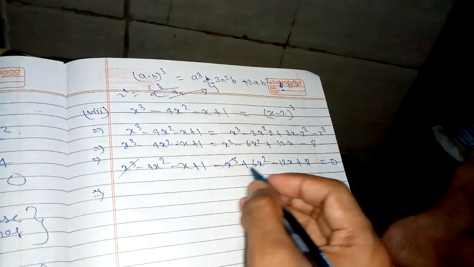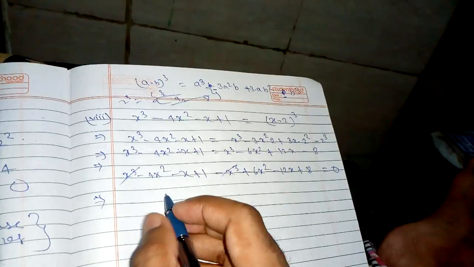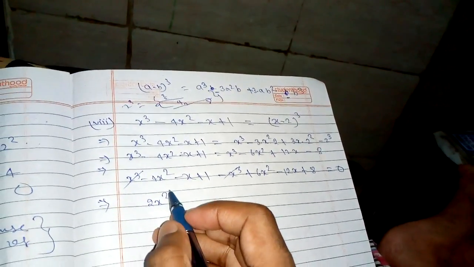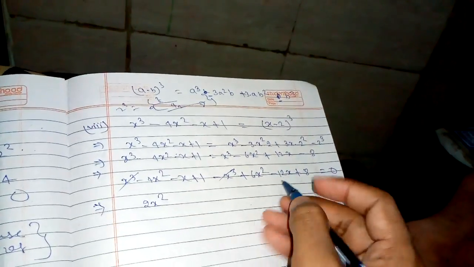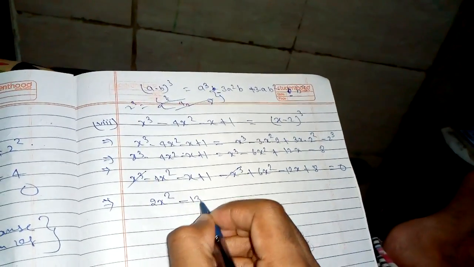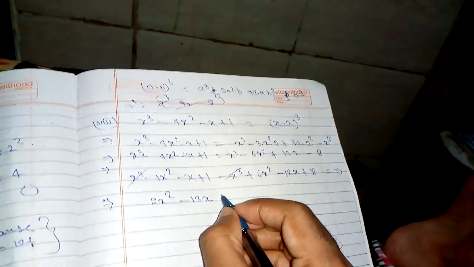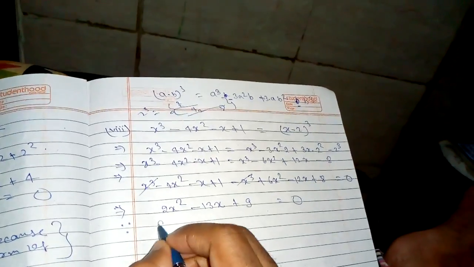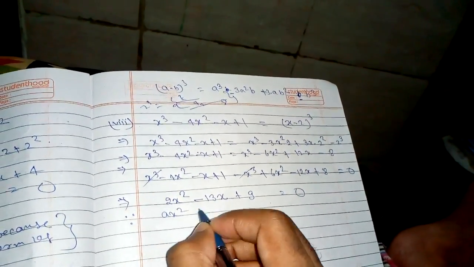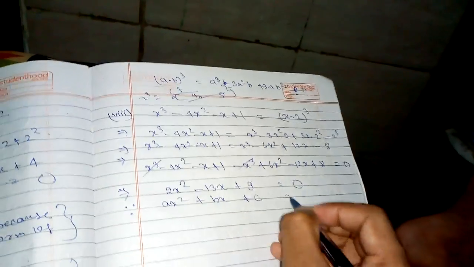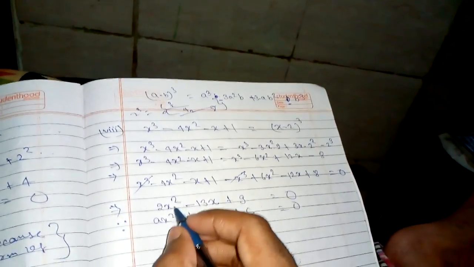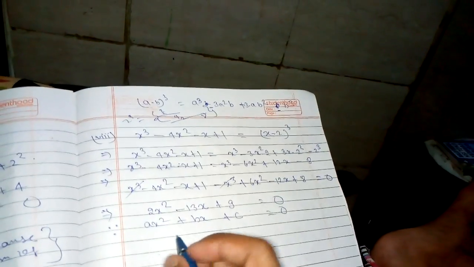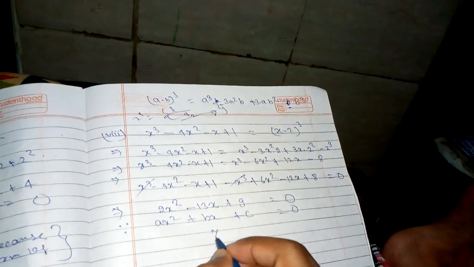Minus 4x square plus 6x square will be 2x square. Okay, minus x and minus 12x will be minus 13x, plus 1 plus 8 will be 9. Here it satisfies the ax square plus bx plus c form. Plus minus doesn't matter, it should be satisfied. Okay, so we can say that yes.